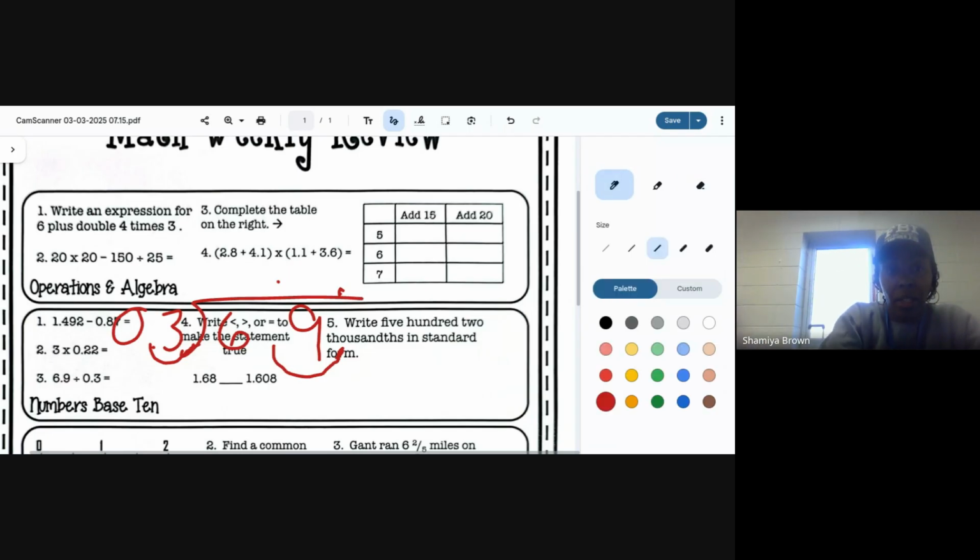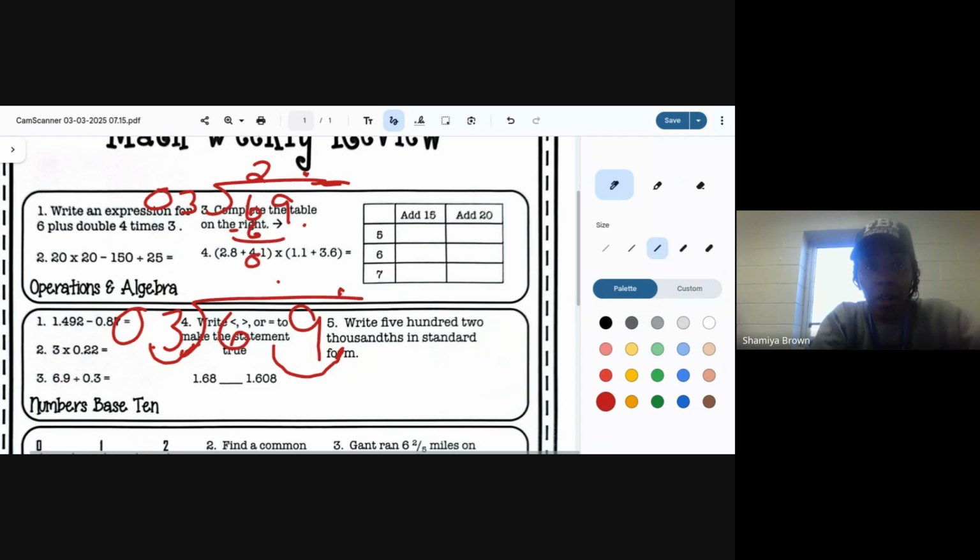I'll rewrite it up here. So it'll be 3 and then 69. My decimal out there, 6900. So my decimal is up here. So once again, 3 goes into 6 two times. 2 times 3 is 6.